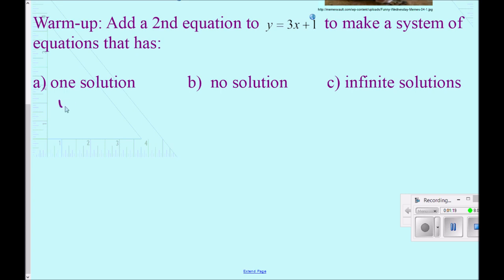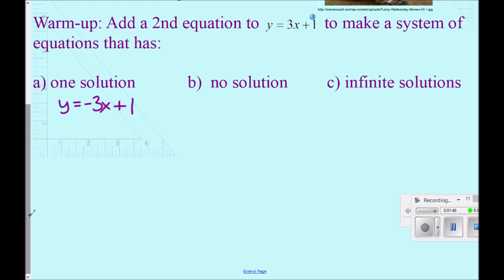So like I said, really anything. I'll just do that. That's one example that would have one solution because the slopes are not the same. So as long as your slopes are different, or if the slope's the same, you want to have a multiple of that equation. So that's our answer for A.